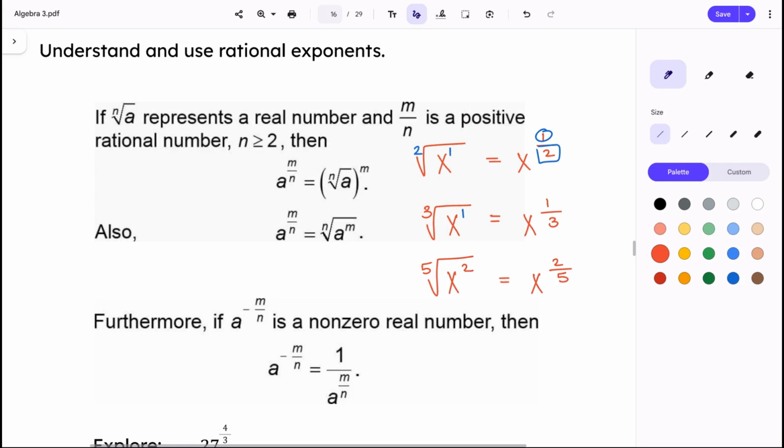The other thing I just want to say too is a lot of times they might switch a little bit of the order of how they put the numbers. So another way that we could maybe think about that x to the 2/5 power, instead of me writing it out with the 5th power on the index and then that squared is on the inside with the letter, that squared can kind of move.